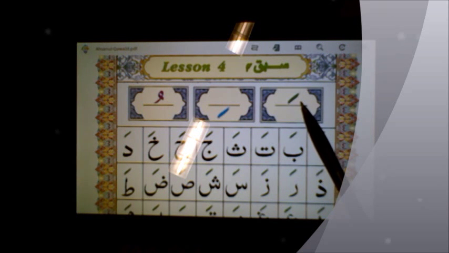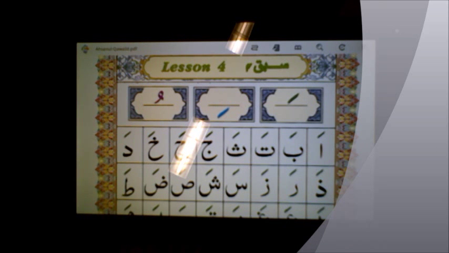Okay, and for reading the Quran, you're going to have to start to recognize the vowel signs. This is the first vowel, second vowel, and the third vowel. Now in English, the vowels are made up of 5 letters: A, E, I, O, and U. But in Arabic, the vowels are indicated by these signs that are on top of or on bottom of the letters.